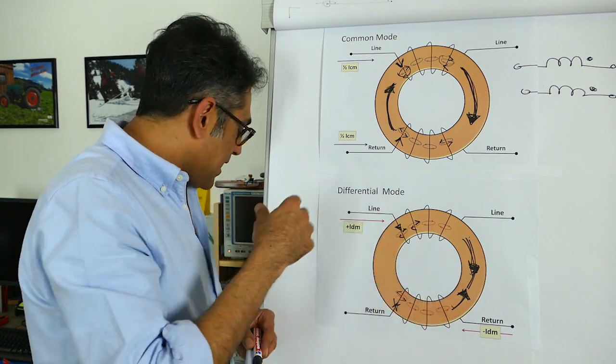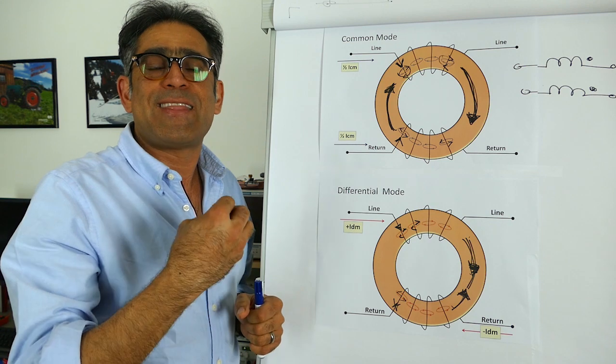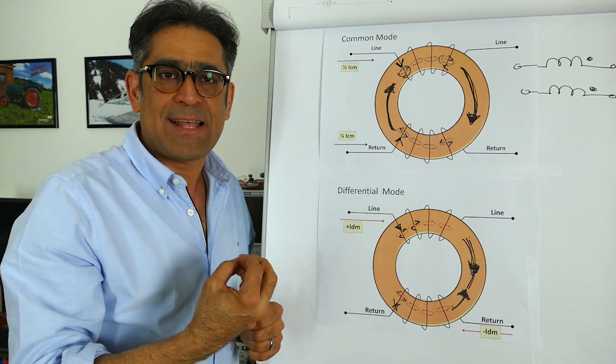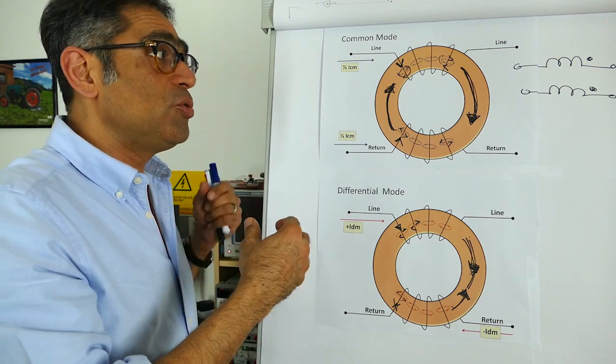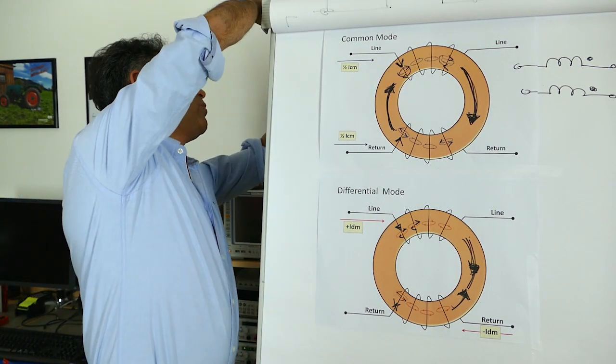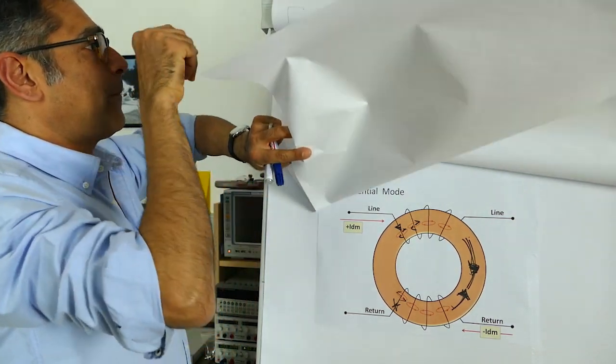Therefore, in every common mode choke, you have got a certain amount of leakage, and that manifests itself as a differential mode inductance that we use in filters.